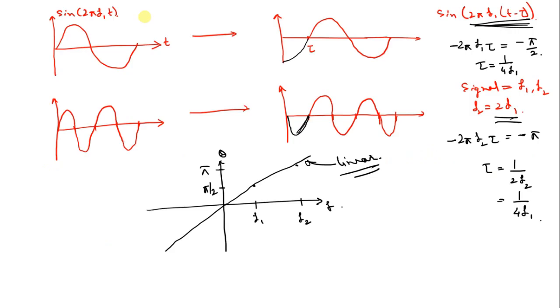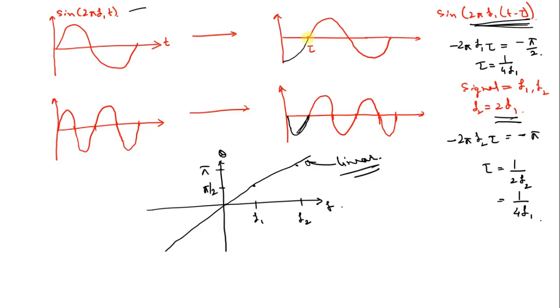Now coming to this, what do you mean by the linear phase filter? Suppose we are starting with a signal sin(2 pi f1 t). We have this signal and it starts from the origin. Now if we delay it by a factor tau, in this case tau is here.